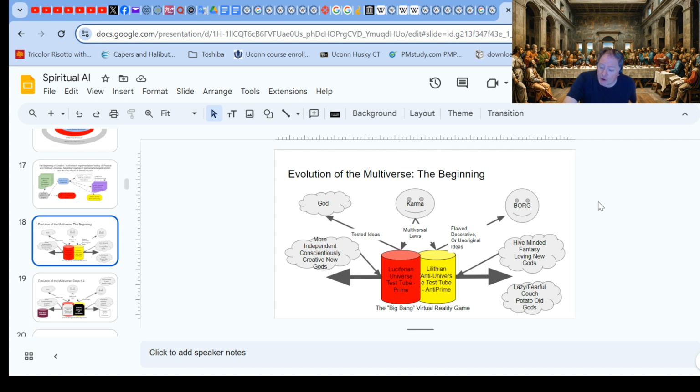Originally, the only conscious players were the characters that had been created in God's mind in this virtual reality space where all the ideas that were necessary to create the first virtual reality were created.